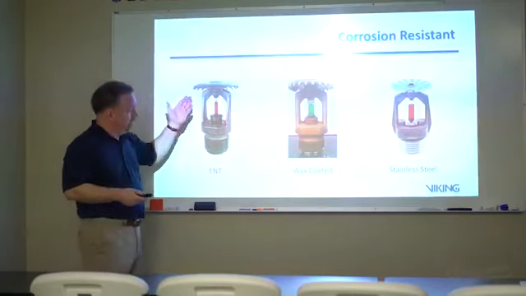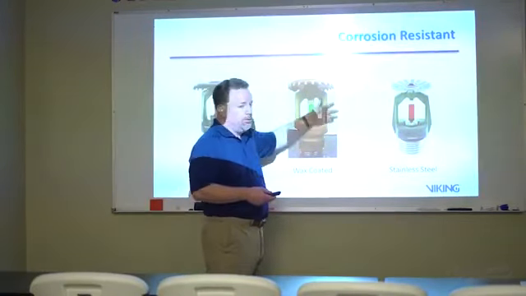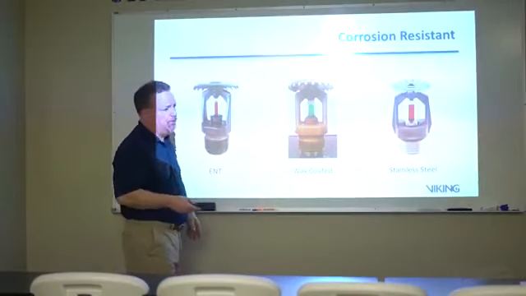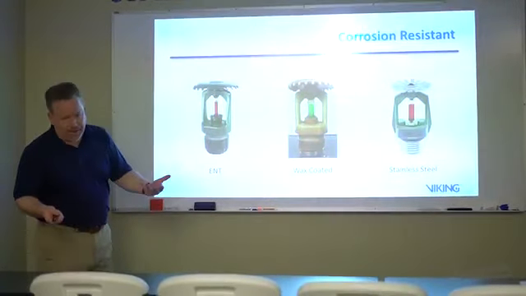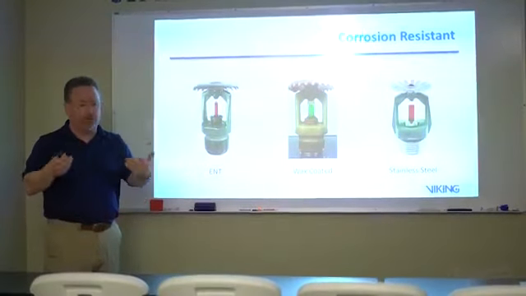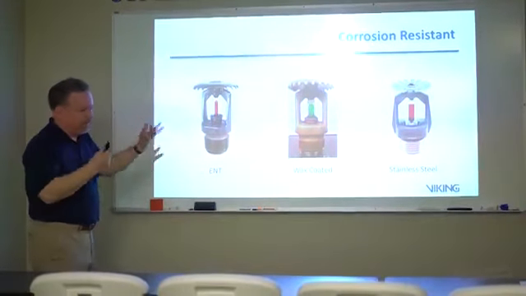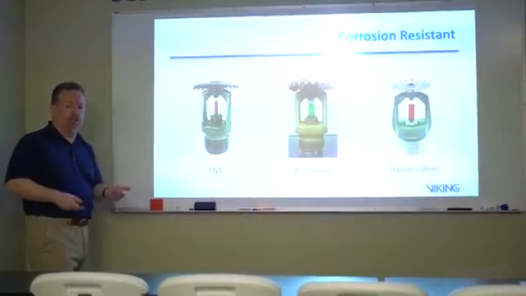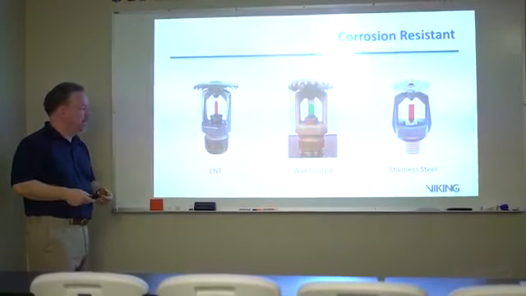Well, for a long time it was coat them with wax. It's not just the outside environment here. It can be in manufacturing and things like that where you run into acid sprays that you need to be careful of.